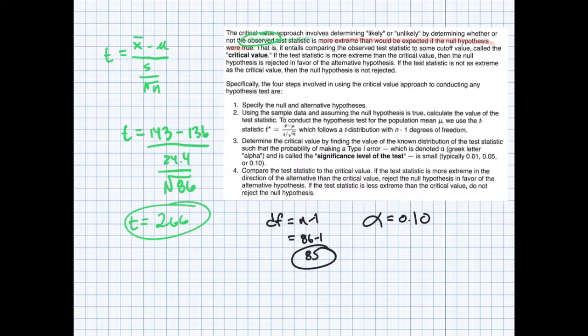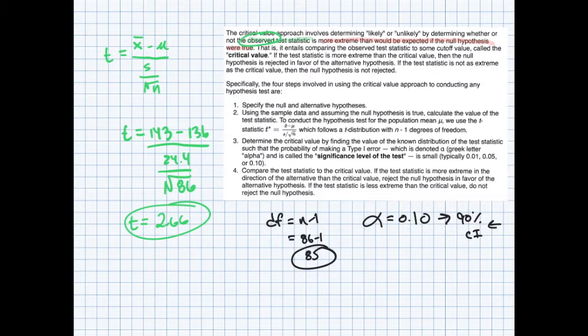If we split that into two, that's 5% on each side, because the significance level is 10%. If the significance level is 10%, that means this is a 90% confidence interval, because remember, the confidence level is 1 minus alpha, times 100%. That's how we get the confidence interval. So if alpha is 5%, then we have a 95% confidence interval.